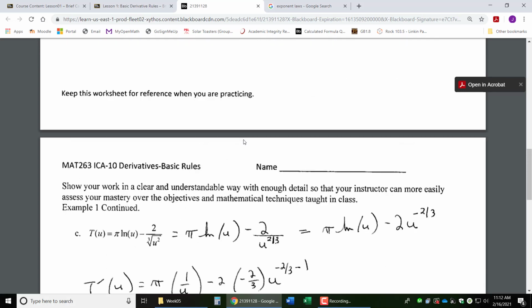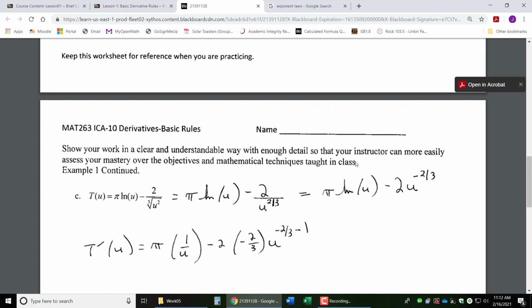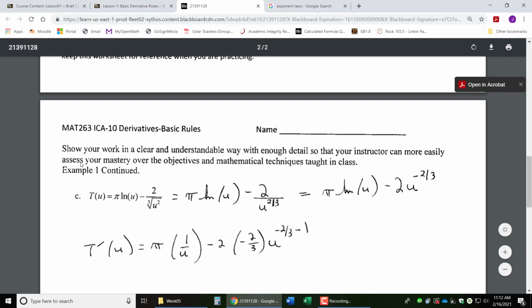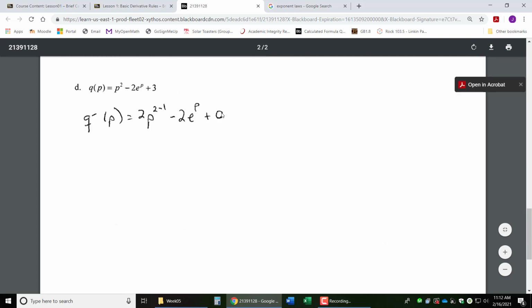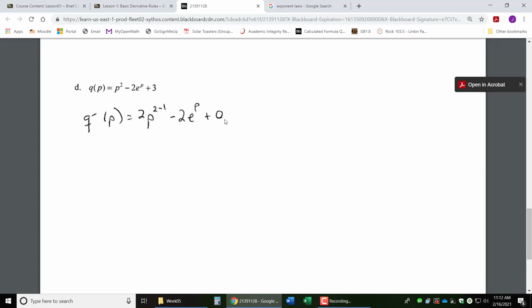I don't know which is correct. So that your instructor can more easily assess your mastery, the student that writes that plus 0, I can see that they know what they're doing. The student that does not write that plus 0, I don't know that they really understand.